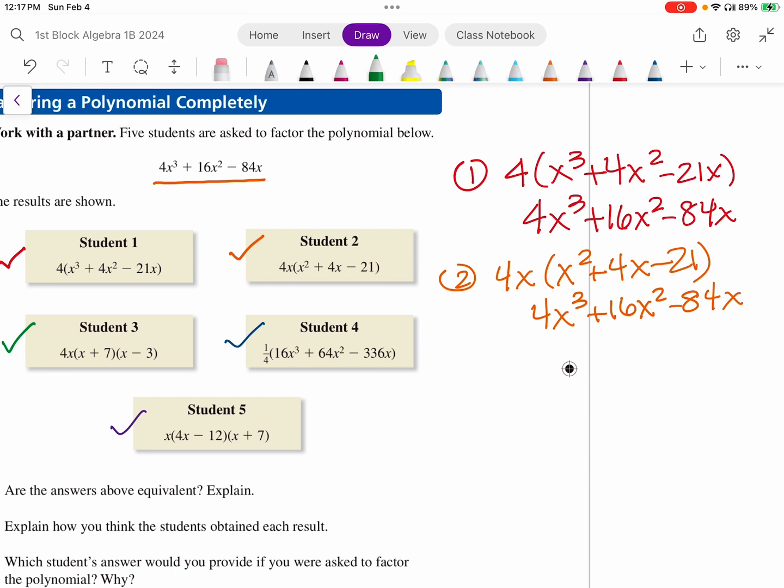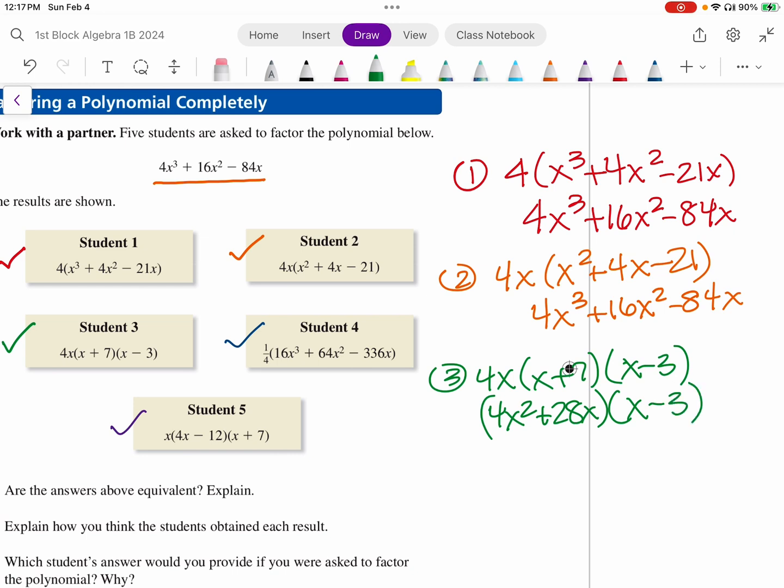I'm seeing a pattern. Student 3, 4x times x plus 7 times x minus 3. 4x times x, 4x squared, 4x times 7 is 28x.